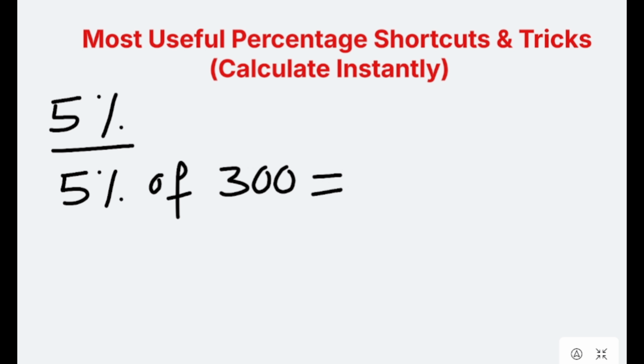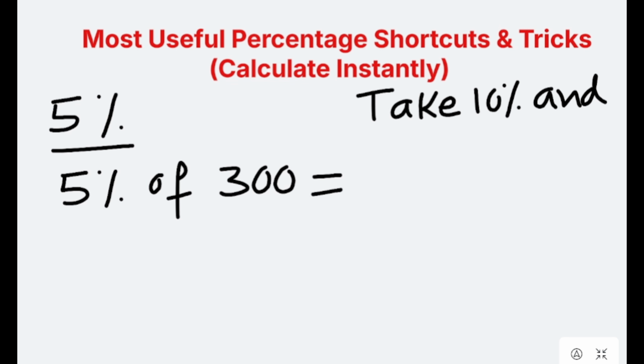To find this, the trick here is take 10% and divide by 2. So we take 10% of the number, and then you divide by 2.